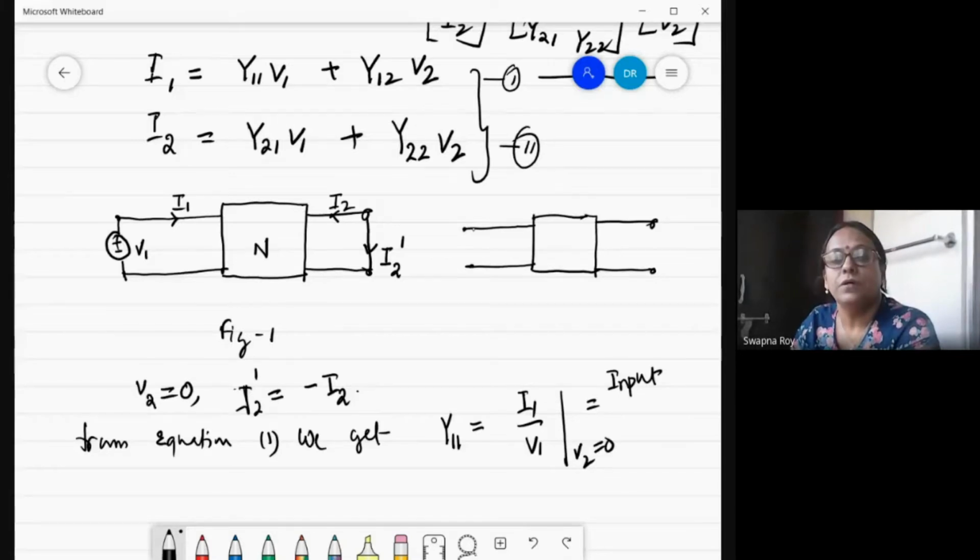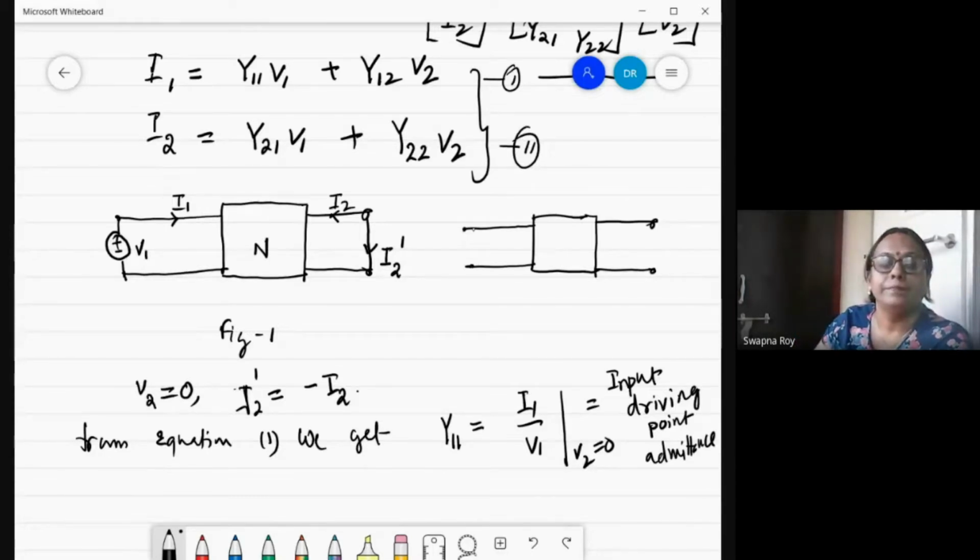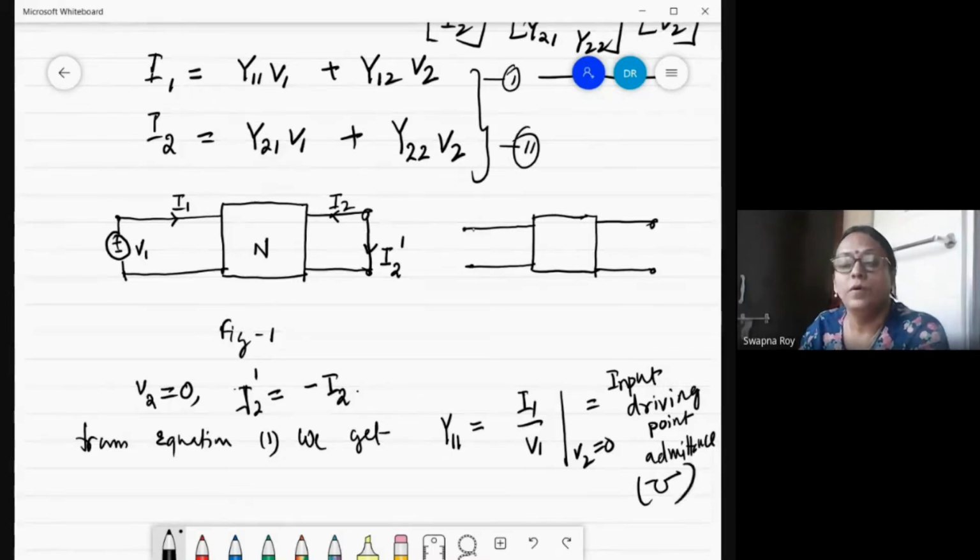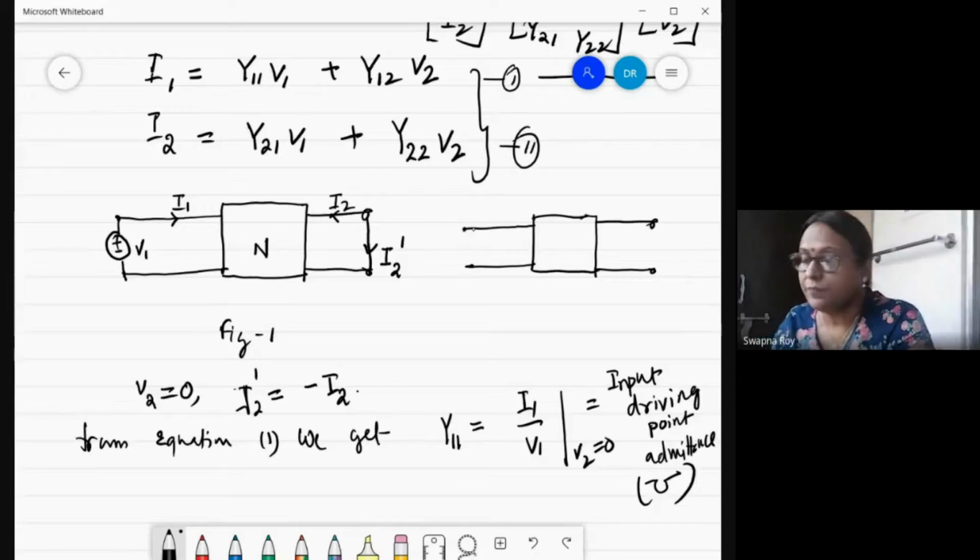And what will be the unit? Unit is mho, or sometimes we write it as S.